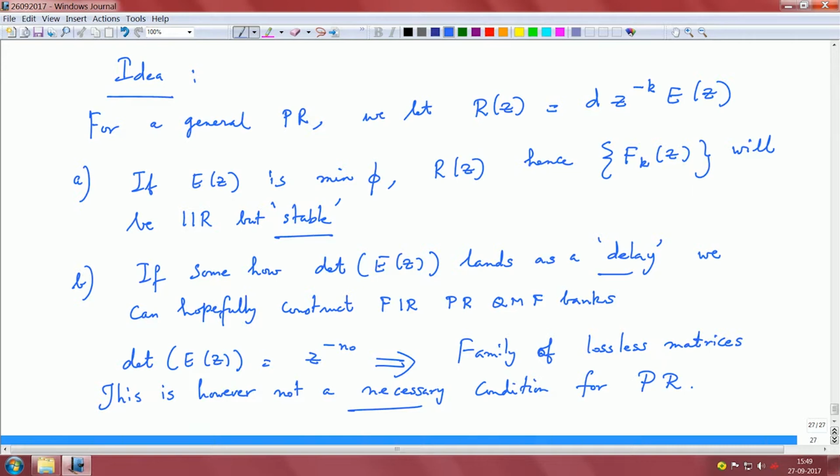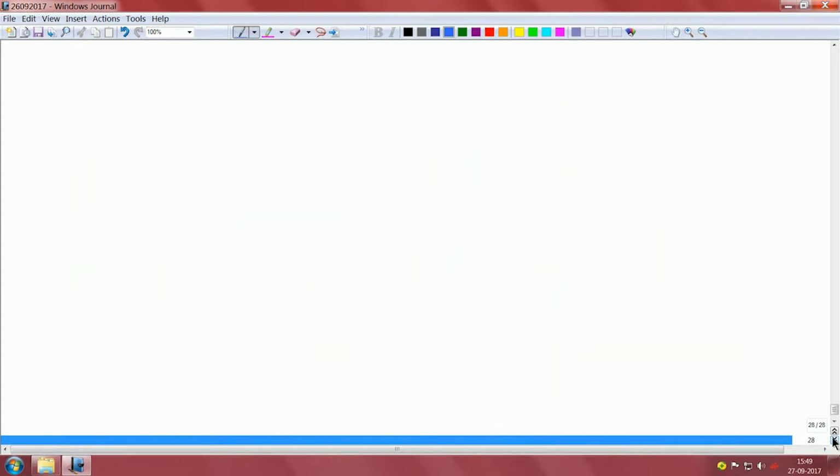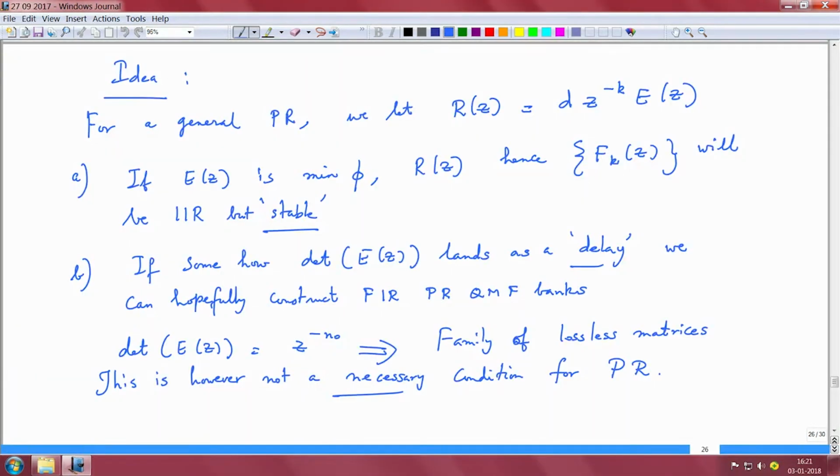Such matrices which have this property are good. Now let us consider an example for the design of such synthesis filters. Small thing to note, this has to be an inverse here before we wrap up with this slide, just a detail, because R times E of z must be basically D times a delay. So therefore this has to be E inverse.